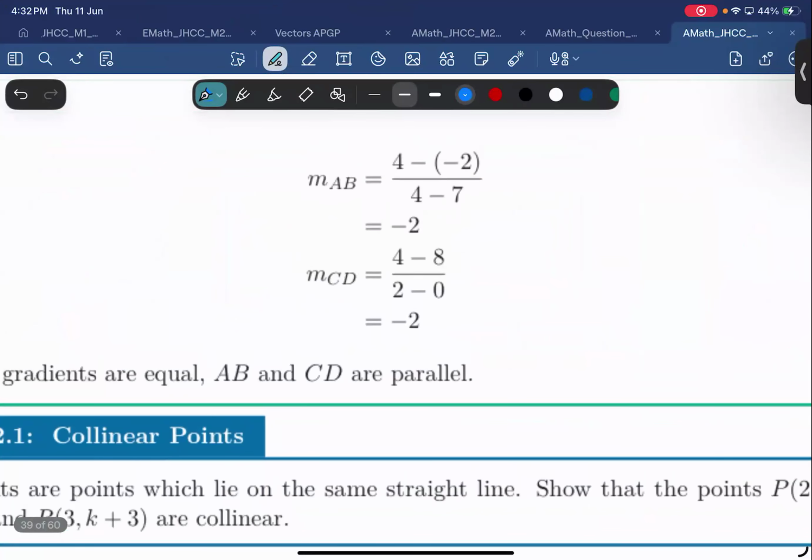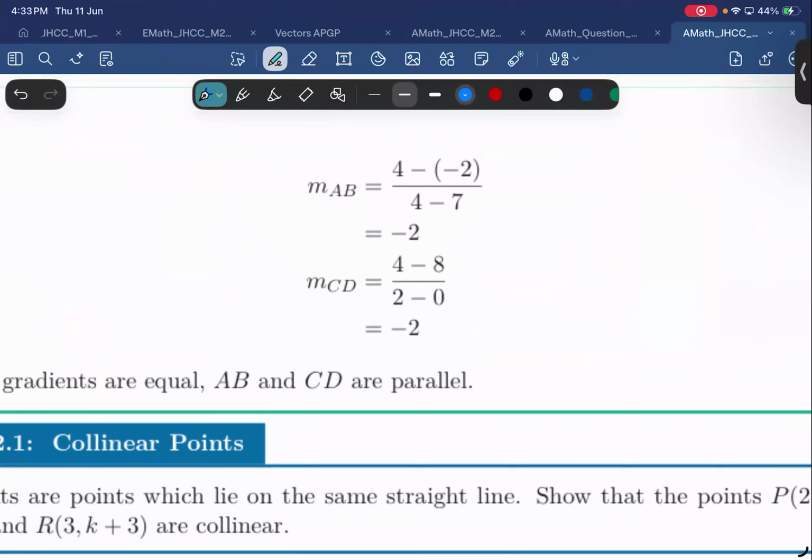About 2 minutes left. Yeah, we have five, so you know how to log out of this.